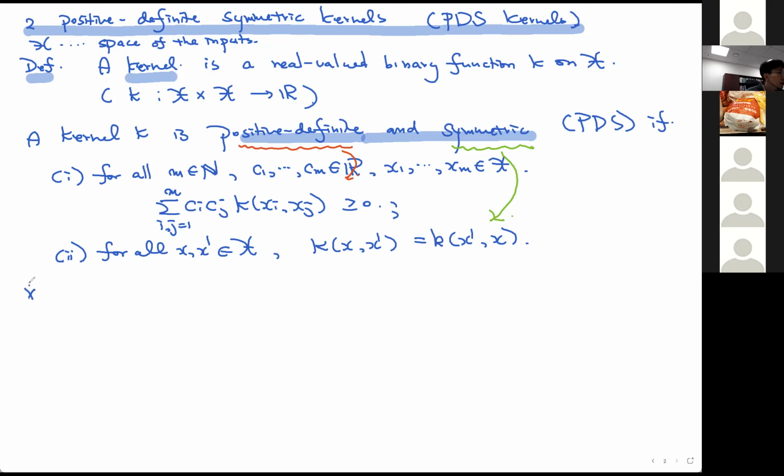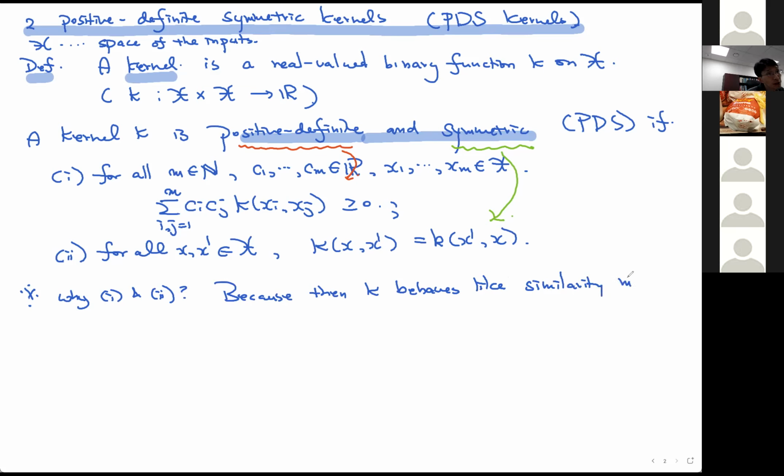Intuitively, if K satisfies these two properties, then K behaves like a similarity measure. It is something that really measures the similarity between two inputs.